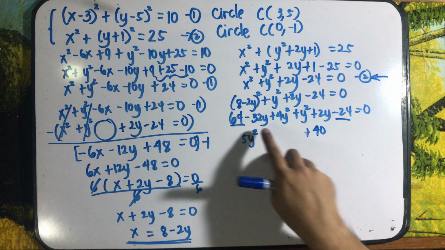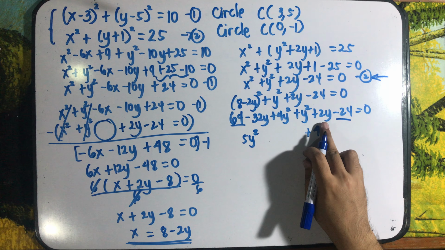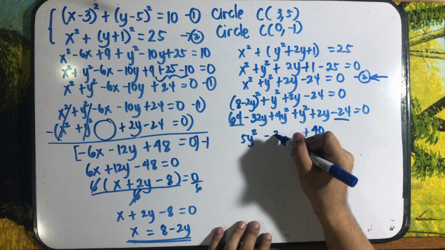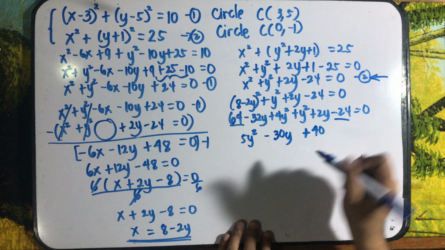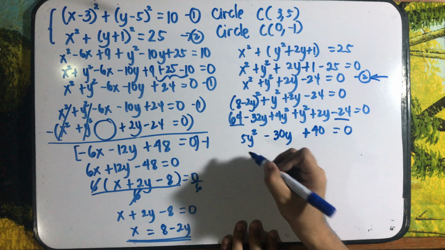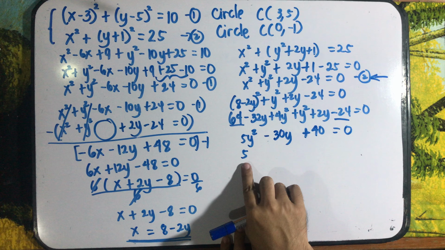This is negative 32y, and this is positive 2y. Therefore, that becomes negative 30y. And we're now left with 5y squared minus 30y plus 40 is equal to 0. We could say that there is a common factor, which is 5.